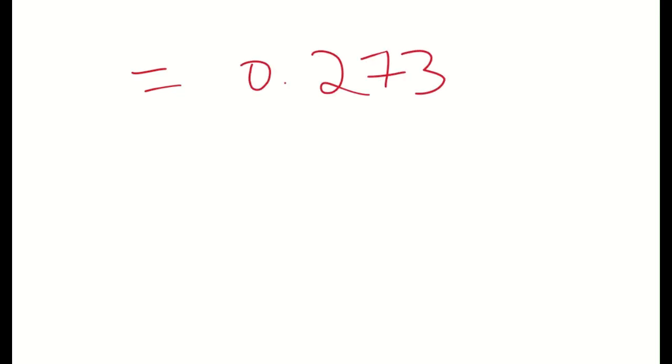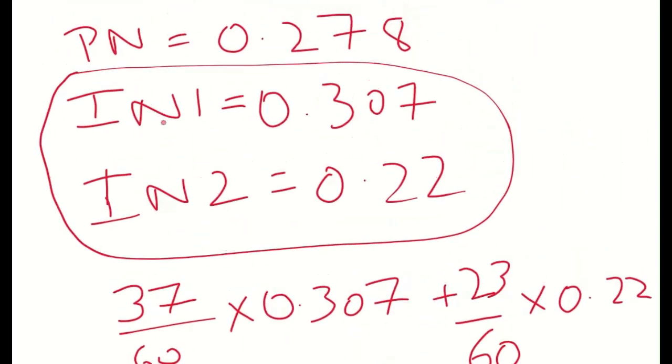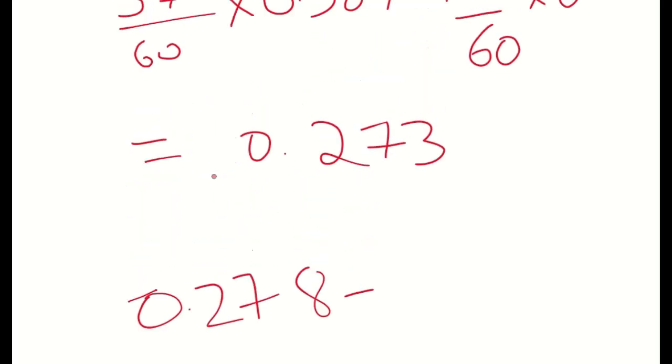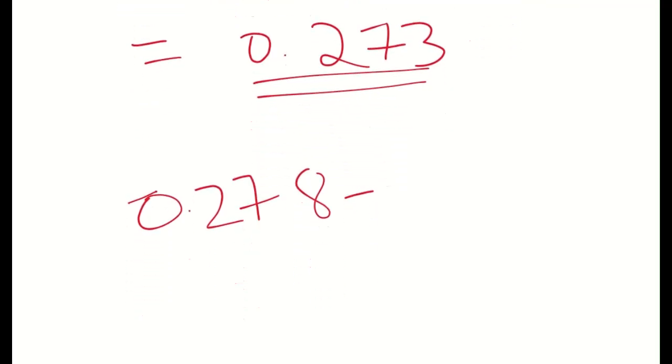which will be 0.273. Now to calculate the information gain, we need to subtract the Gini index of the parent node, 0.278, with the number that we have got here, which is the weighted average, 0.273.